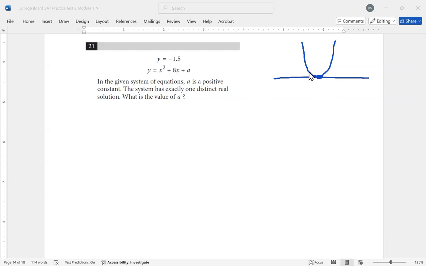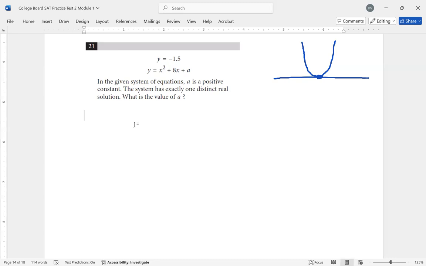Now, you can do this in a number of ways. If you had access to a graphing calculator, then you could probably just guess at a few a's until you get it right and graph it until you see this happen. If you don't, then you have to use algebra. And that's the way I'm going to show.